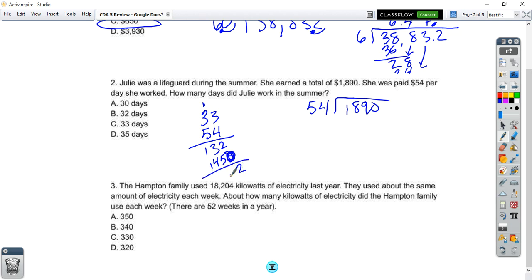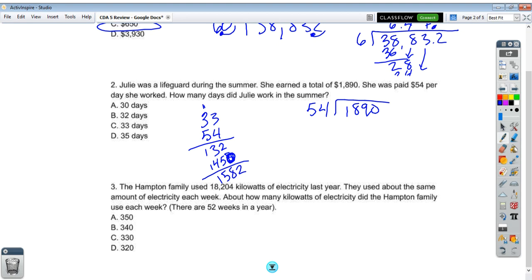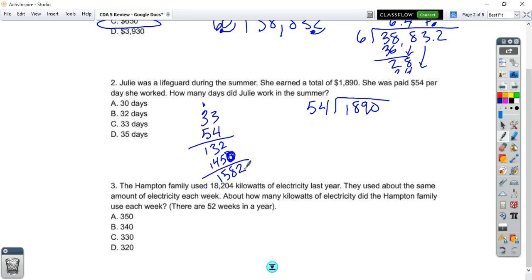So I get 1,782. Okay, that's not right, and it's too low. So this is going to be wrong, and it's too low. So I might need to have more days.